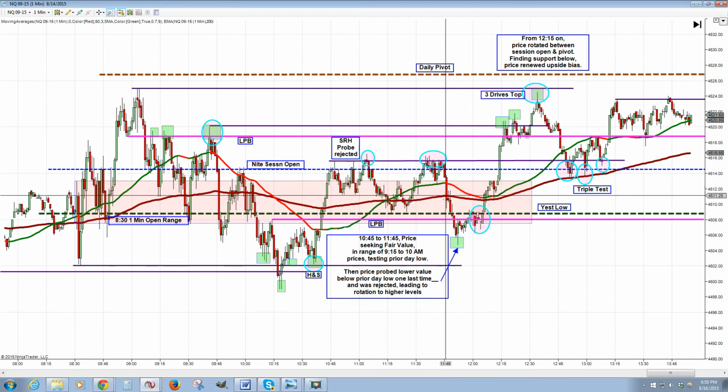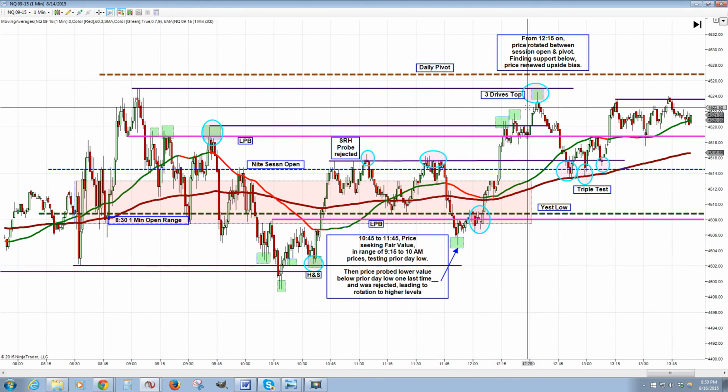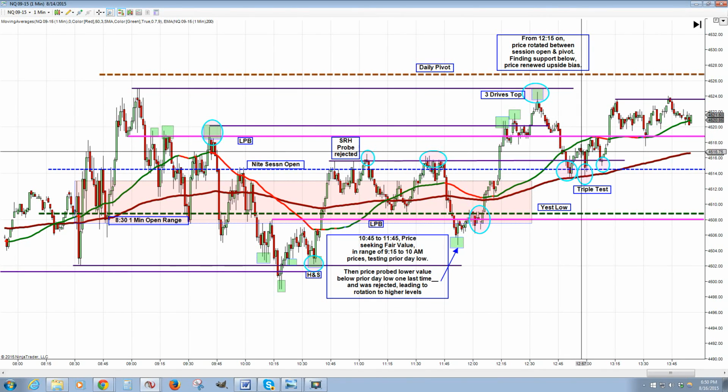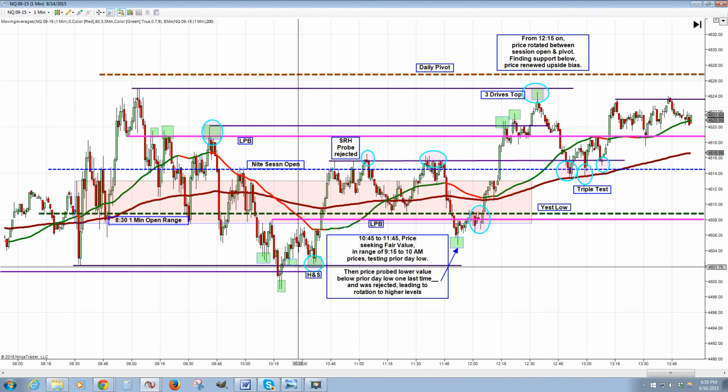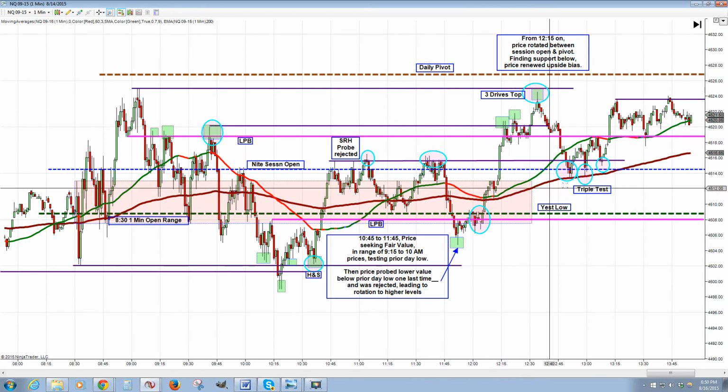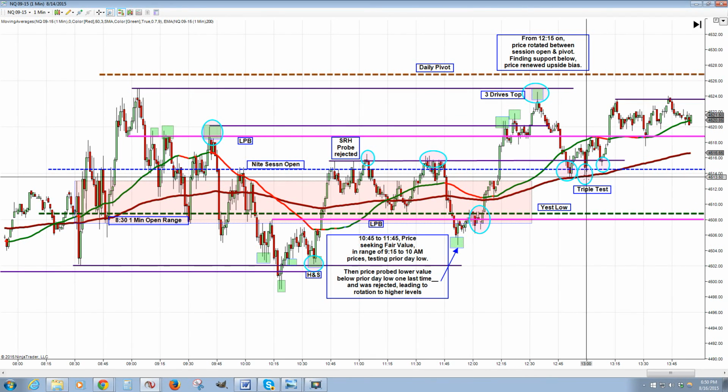And if it rotates and holds at this level of the last pivot back, it means the market's establishing an upward bias. It's establishing conviction to trade at higher levels, and it's done probing the downside for the day. It's going to rotate and see if it can find interest in the upside.